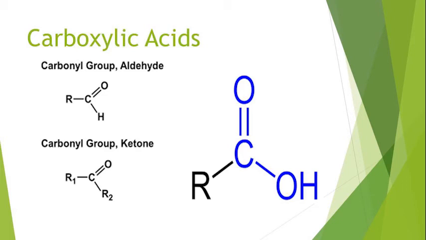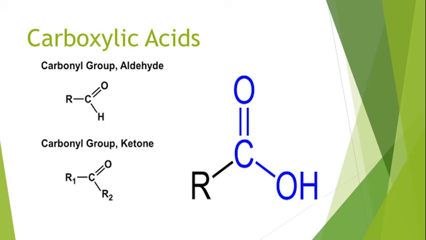A carboxyl group is a combination of carbonyl group and hydroxyl group. They have a general formula CnH2nO2 and type formula RC double bond OH, which means R is for alkyl group and C double bond OH is called carboxylic group.